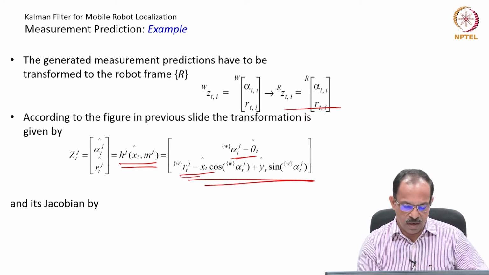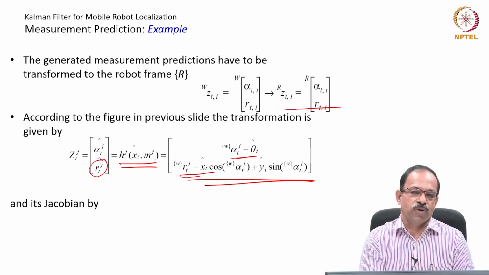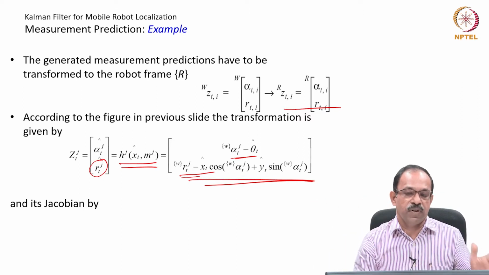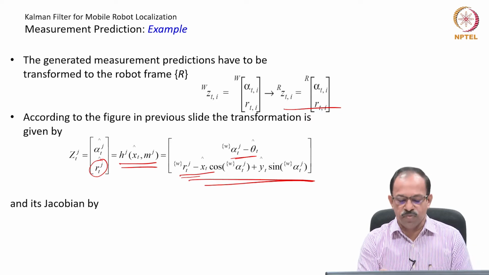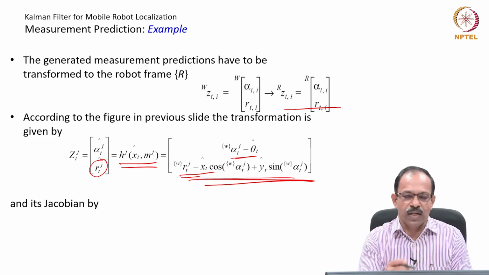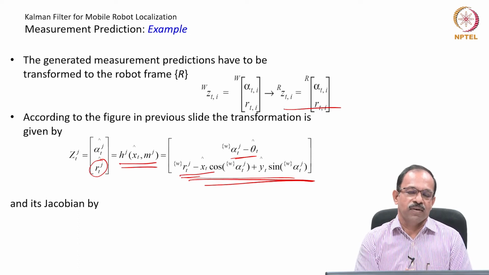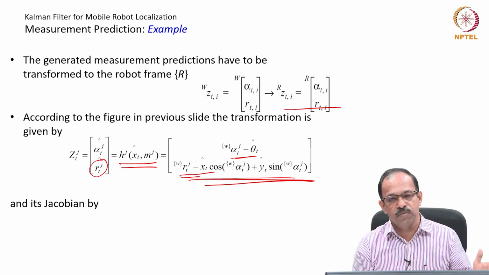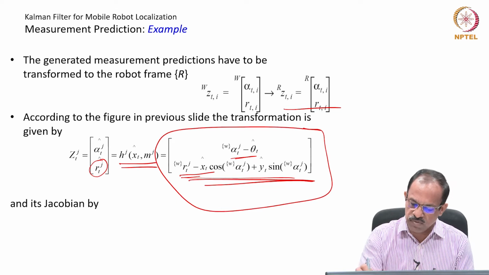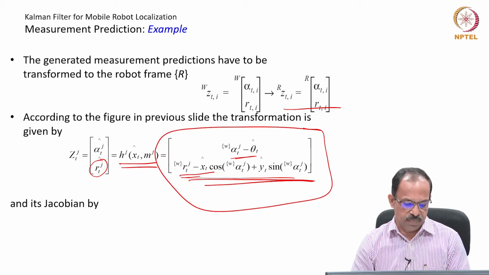Rt is the distance of the feature from the reference frame or the world frame, and xt, yt is the position of the robot. So, we find the difference between the actual r and xt cos alpha plus yt sin alpha. That will give you the variation from the world frame to the sensor frame. So, this is basically the transformation matrix which transforms the features from the world frame to the robot frame.